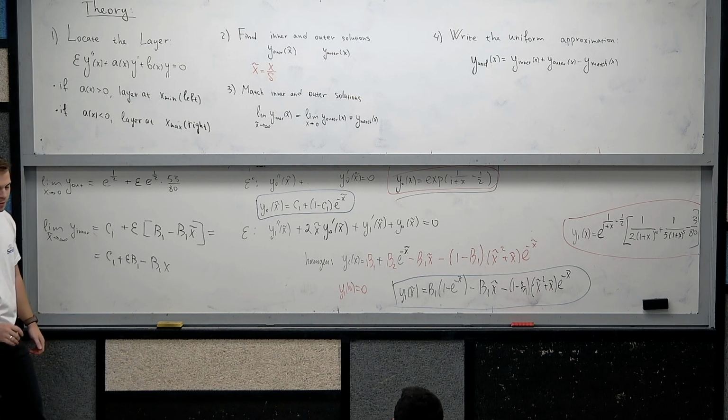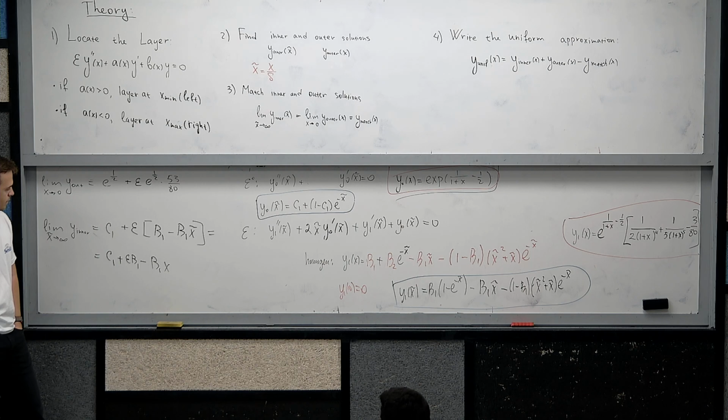No, you do B1 equal to e to the power half. You have epsilon multiplied by B1, and there you have epsilon multiplied by e to the power half. I have the x.